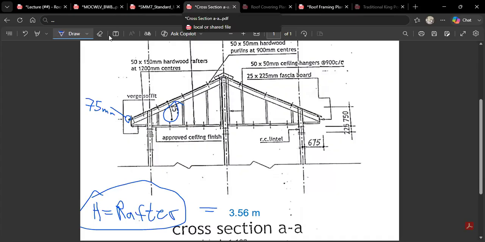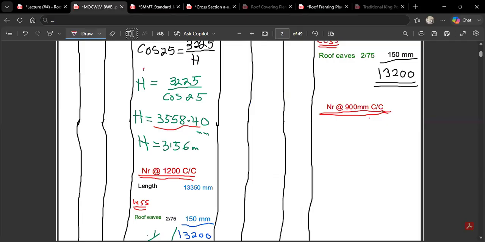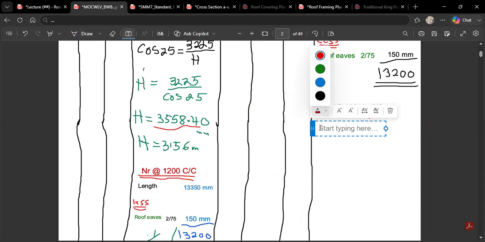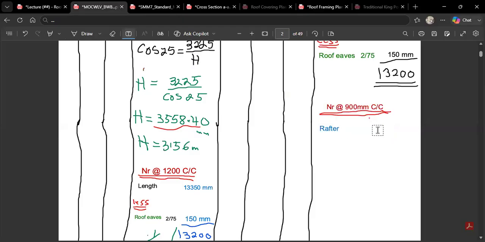So let's do that together. That is the rafter. We know that our rafter is equal to 3558, okay, let's consider the whole number, in millimeters.